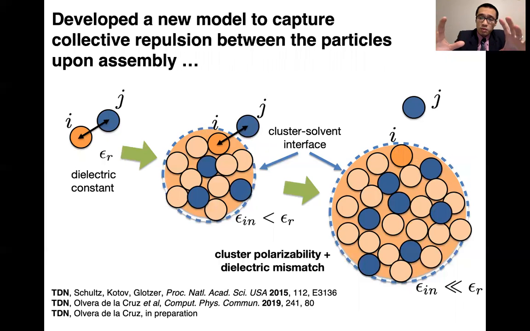Up to a point, the dielectric constant of the clusters is reduced because of accumulation of charge inside those clusters, causing a mismatch between epsilon inside and outside, which repels all the particles away from the clusters. And that's where the clusters acquire their final size.